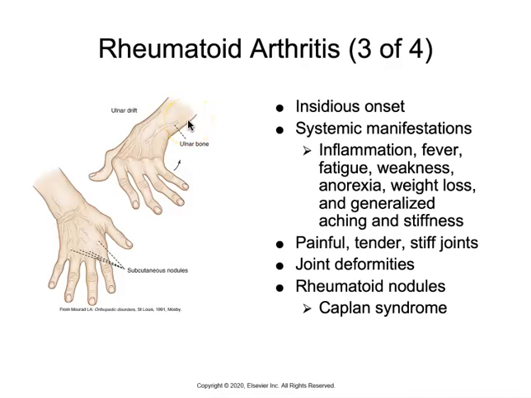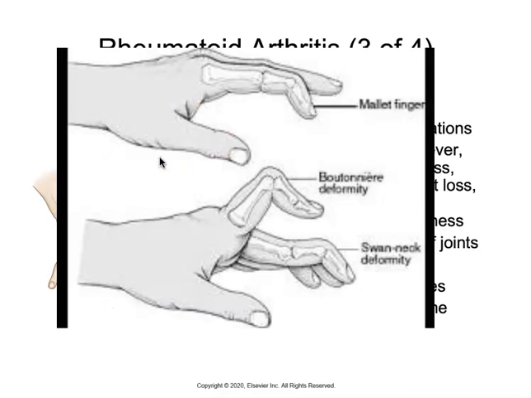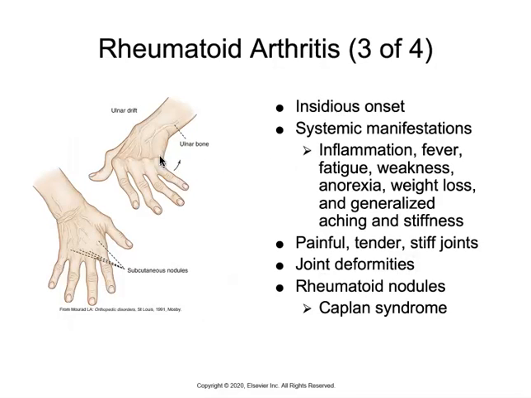We also have subluxation, or a partial dislocation of the MCP joints. We have swan neck and boutonniere deformities, thumb deformities, and wasting of our hand muscles due to disuse and secondary muscle atrophy. And these deformities are the main source of functional limitation and disability in RA patients.